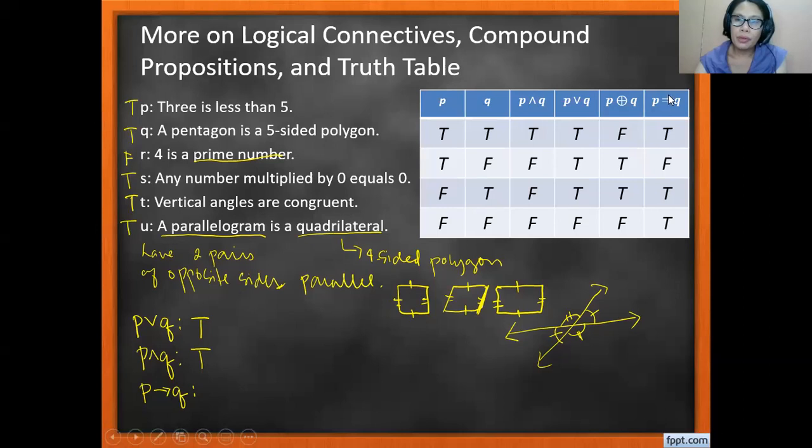For if P then Q, we only have a false statement if the conclusion is false and the premise is true. Otherwise, everything must be true. So if P then Q in our example is true because both P and Q are true. Do not get confused, okay?